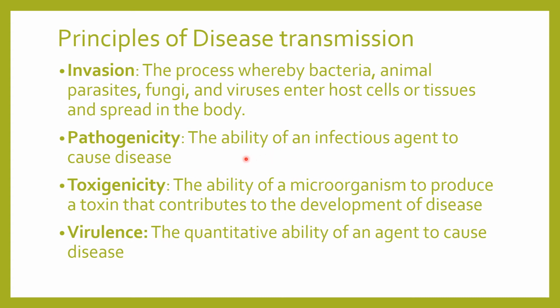It is qualitative, the ability of an infectious agent to cause a disease. But virulence says it's a quantity, how much of the organism or an agent will be able to cause the disease. So it is just numbers, quantitative.